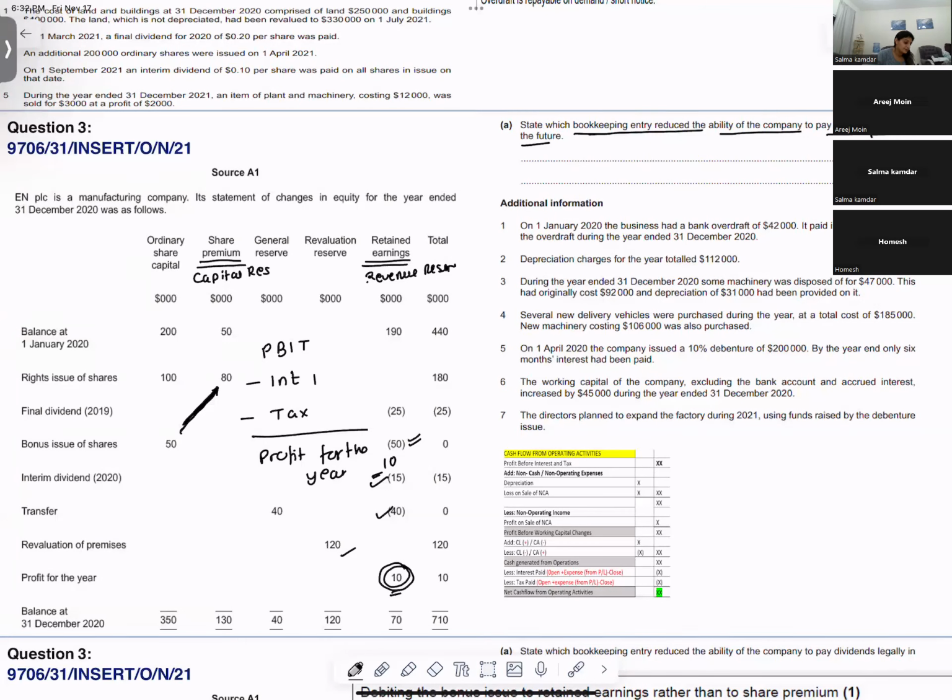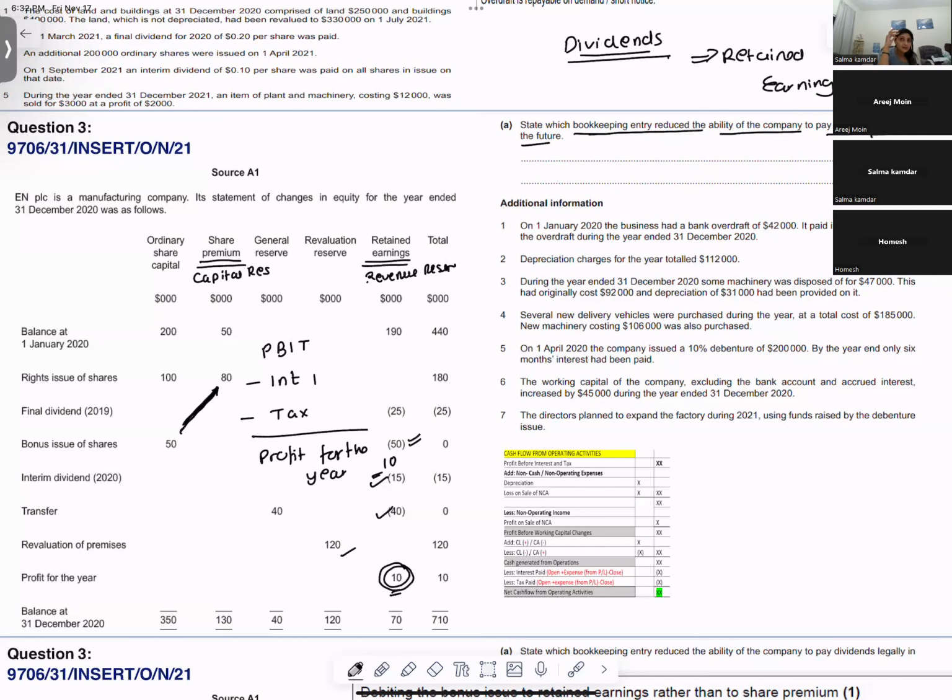You can pay dividends from which reserves? You can pay dividend from retained earnings. Dividends cannot be paid from any reserves.